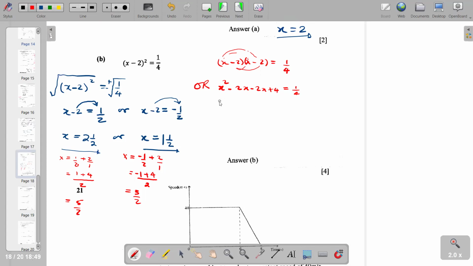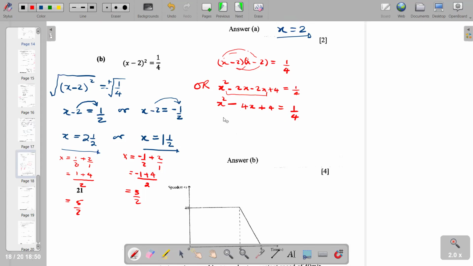Then we are going to have x squared minus, when you combine the like terms, this part is going to be minus 4x. Then we have plus 4 equal to quarter, multiplied throughout by 4.